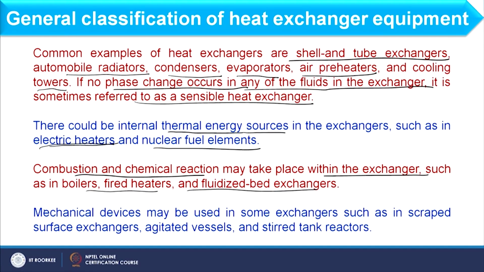And in some of the heat exchangers we can install mechanical devices also, such as scraped surface exchangers, agitated vessels and stirred tank reactors. Let us say we are focusing on the scraped surface exchanger. This is basically a double pipe heat exchanger. Inside the inner pipe we have fluid, and this inner pipe basically rotates, and the outer surface of the inner pipe has some blades.